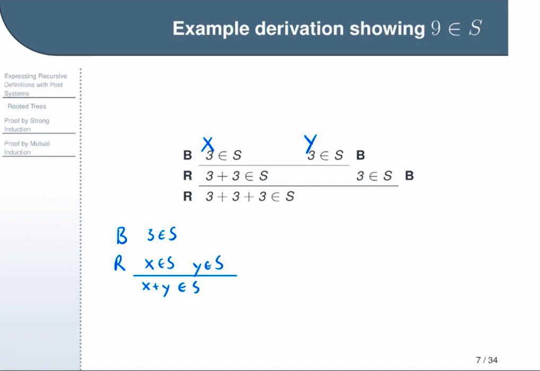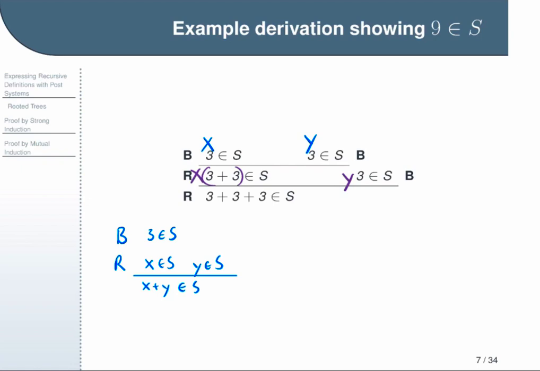Now my 3 plus 3, this whole thing, becomes a new X. And over here I use my base case to generate another Y. And then again, I'm simply applying my rule R, which allows me to draw the horizontal line for my inference and get down to the element that I'm looking for. That's just a recap in case that helps make it clear what we're doing here.